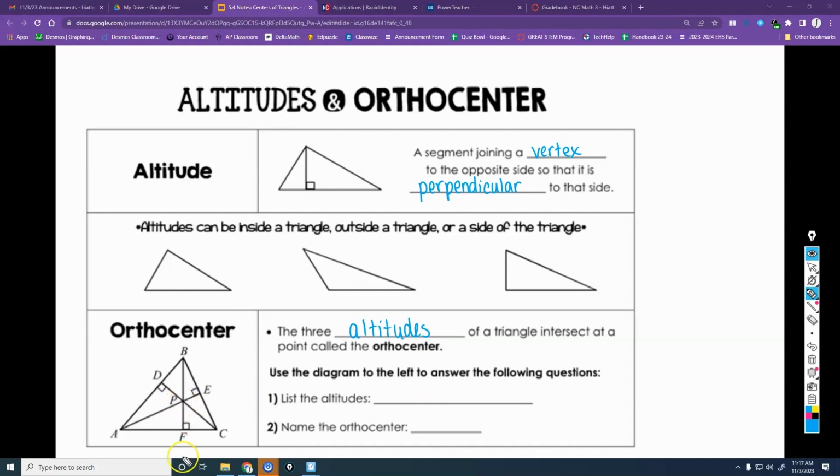So in this particular problem, DC, AE, and BF are all altitudes, and the orthocenter there would be P. There are no special properties that go with the orthocenter. We just need to be able to identify it. Okay?